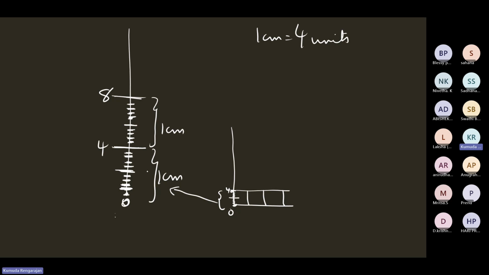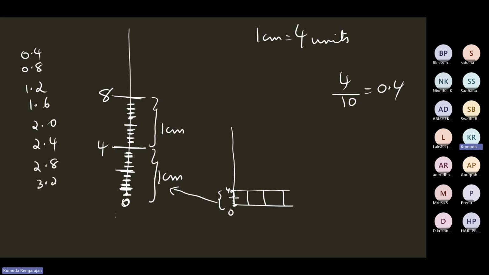Now how do we read? 4 by 10, always divide by 10. 4 by 10 is 0.4. So this is the 0.4 table: 0, 0.4, 0.8, 1.2, 1.6, 2.0, 2.4, 2.8, 3.2, 3.6, and 4.0.